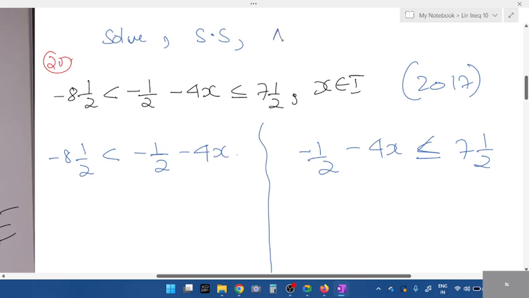Solve, find solution set and number line. Okay, try to merge the equation, students, and draw number line. I'll explain.